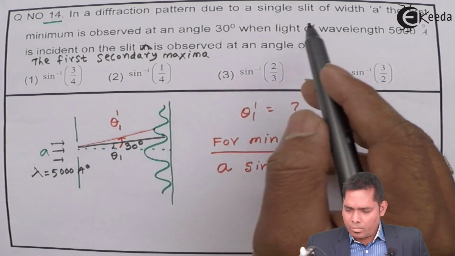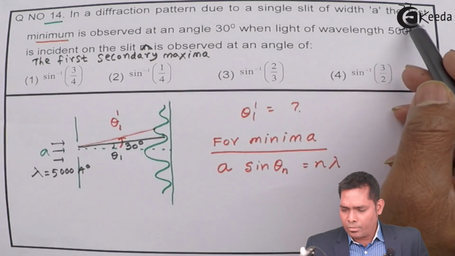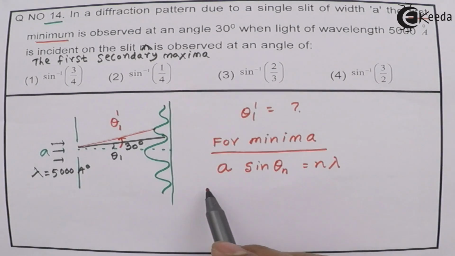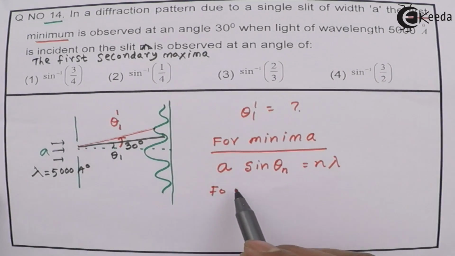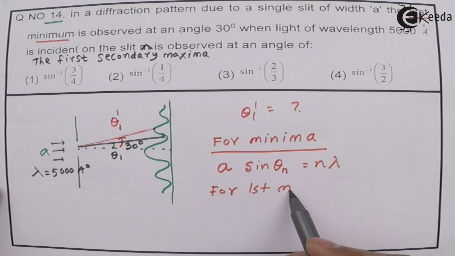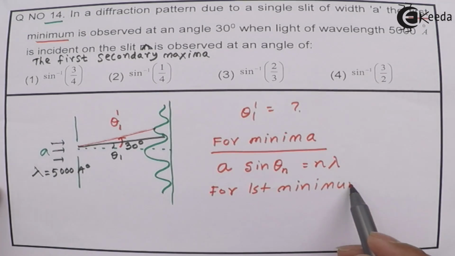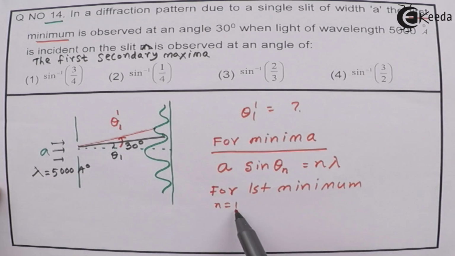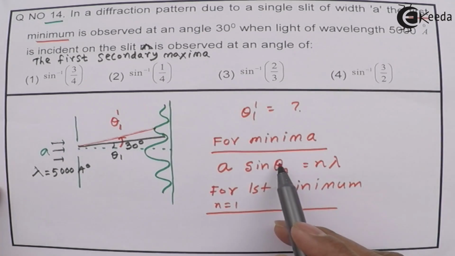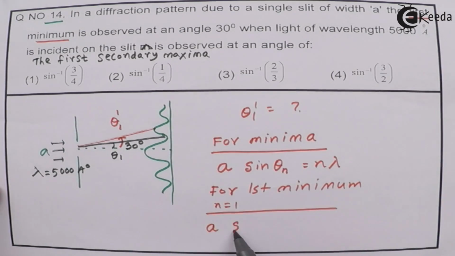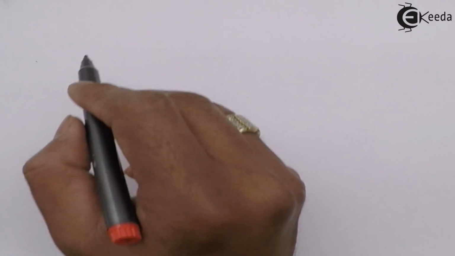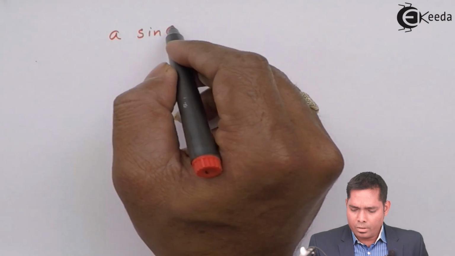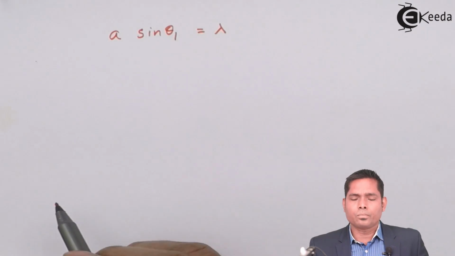For the first minimum, this n should be 1. If I put n is 1, this is A sine theta 1 is 1 into lambda, so A sine theta 1 is lambda.